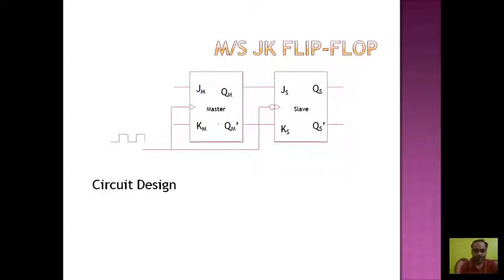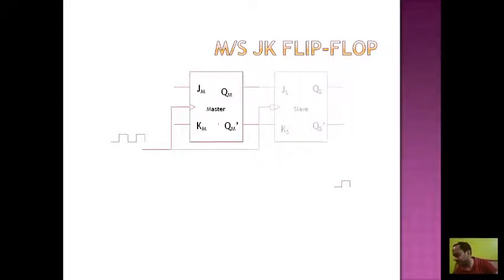So now if we study both the components of this master slave JK flip flop one by one, what we will get: the master flip flop is positively edge triggered, and it will behave as if it is an ordinary JK flip flop.